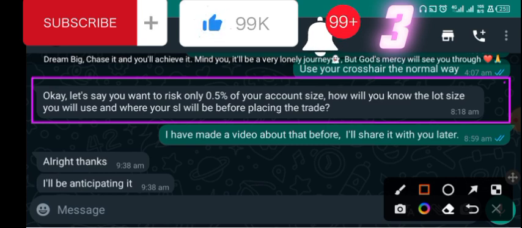So the person is asking how you will know where to place your SL, and how to know the lot size you are going to use when you just want to risk only 0.5% of your account. In answering this question, I am going to first of all show you a template of the formula you can use to calculate risk, pips, lot sizes and all that. Let's go straight to the next slide.